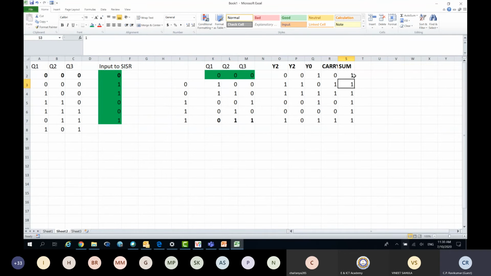So 0, 0, 1, the output is 1. 1, 1, 0, the output should have been 0. 1, 1, 1 is okay. 0, 0, 1 is also okay. 0, 0, 0 should also be 0. And this should have been 0. So I will get the good circuit simulation, and I can also find the faulty circuit simulation.